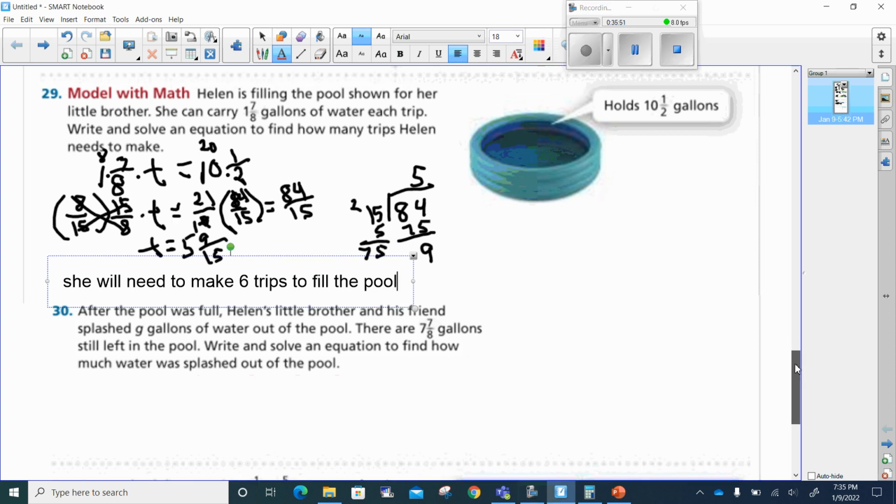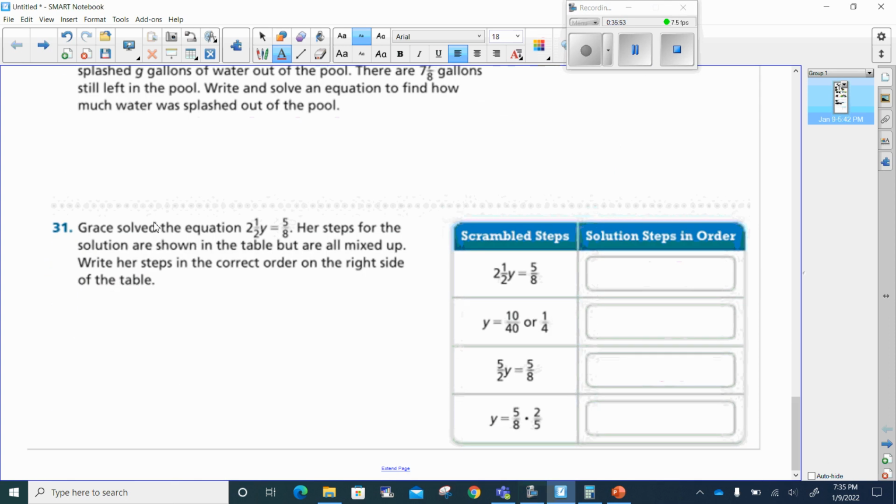Let's get to our last one, or the last one for me anyways. It says Grace solved the equation 2.5y equals 5 over 8. Her steps for the solution are shown in the table but are mixed up. Write her steps in the correct order on the right side of the table. All right.